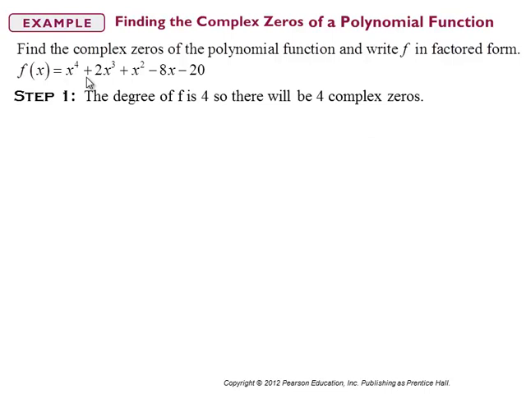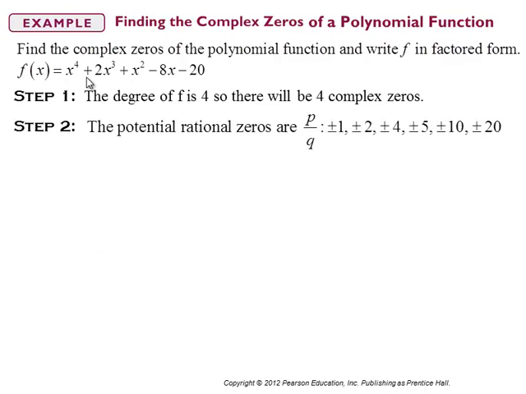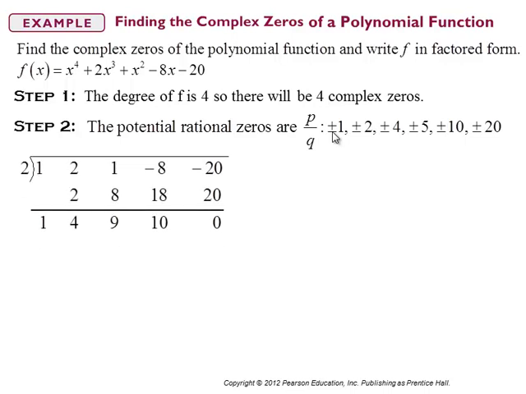Then we can go through and find the potential rational zeros from the rational roots theorem. And then we go through, like we did in section 5.5, and start testing each one of those to see if it produces a zero remainder using synthetic division or the remainder theorem.